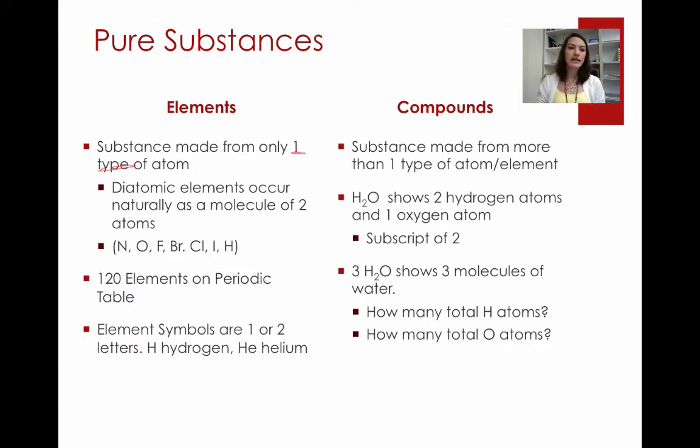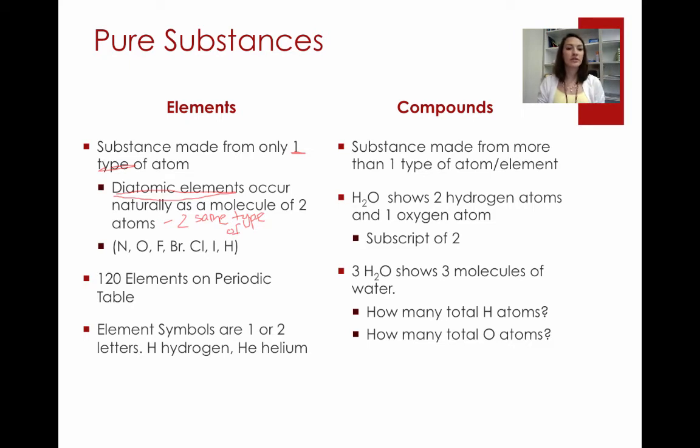Something called a diatomic element is what happens when you have two of the same type of atom, and they naturally occur that way. There are 7 of them that do that. Oxygen is one of the most common ones that we know about.